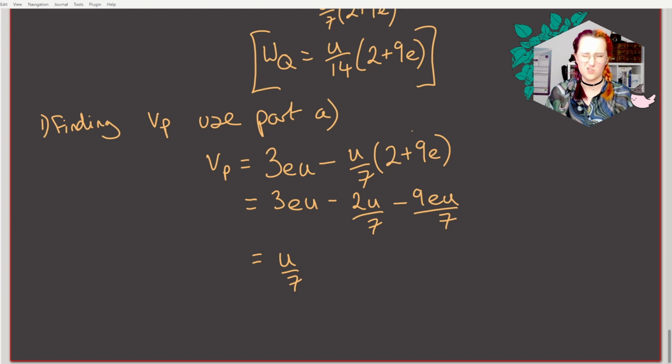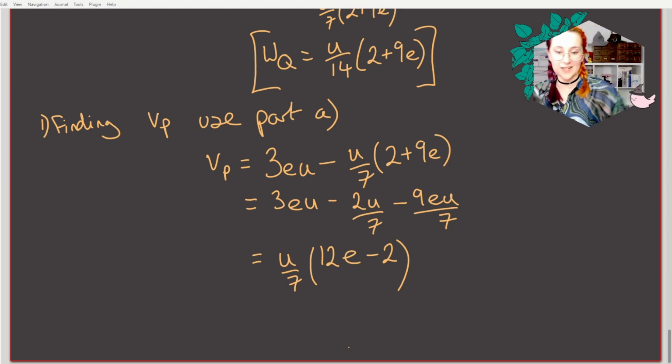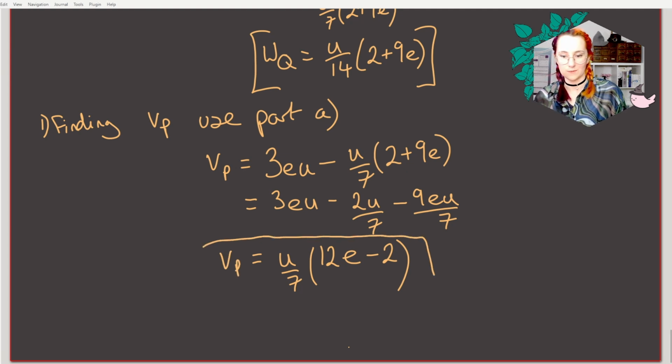The 3 goes to 21. 21 minus 9 is, don't tell me, 12. Ta-da! Thought we left the eu. Yeah, don't remind us. Okay, so we have our value of VP and we have our value of WQ.